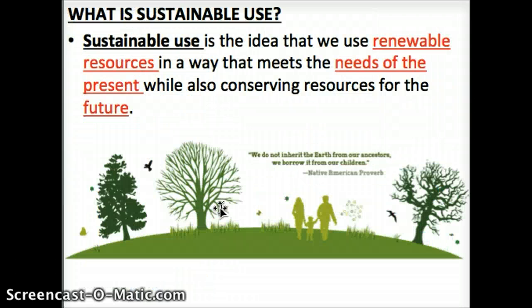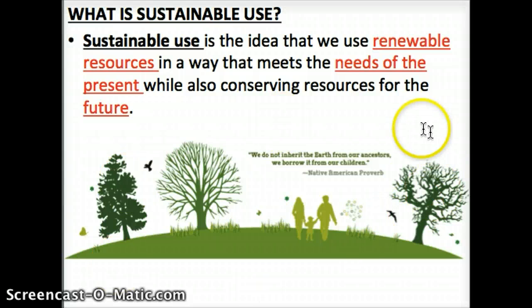Okay, so finally, let's talk about the idea of sustainable use. So you may have seen these words on posters outside, maybe on billboards, or maybe you haven't seen them. But it's becoming a more and more common term. And basically, it's the idea that we use renewable resources in ways that meets the needs of the present while also conserving resources for the future.